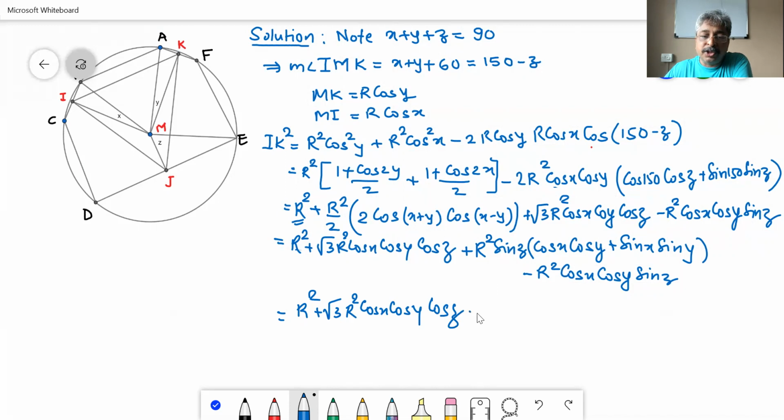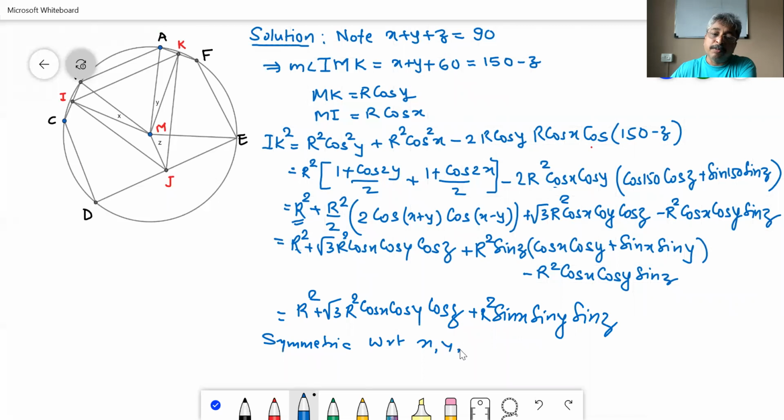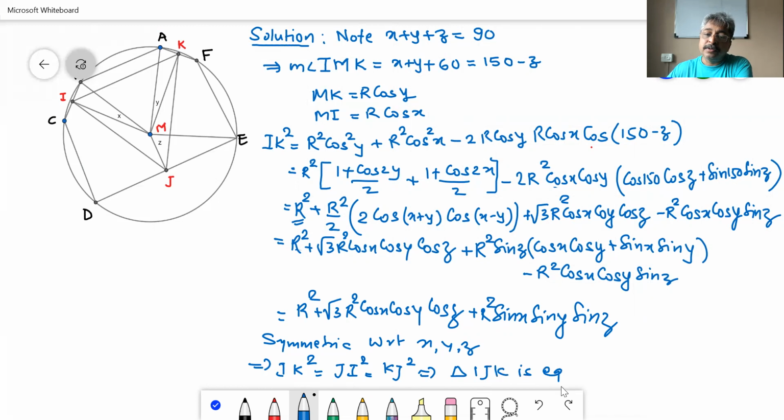One more symmetric term, which is R square sin x sin y sin z, and you will observe that the two remaining terms cancel, and hence we achieve symmetry. This is symmetric with respect to x, y, z, which implies IK square is equal to JI square is equal to KJ square, which implies triangle IJK is equilateral.